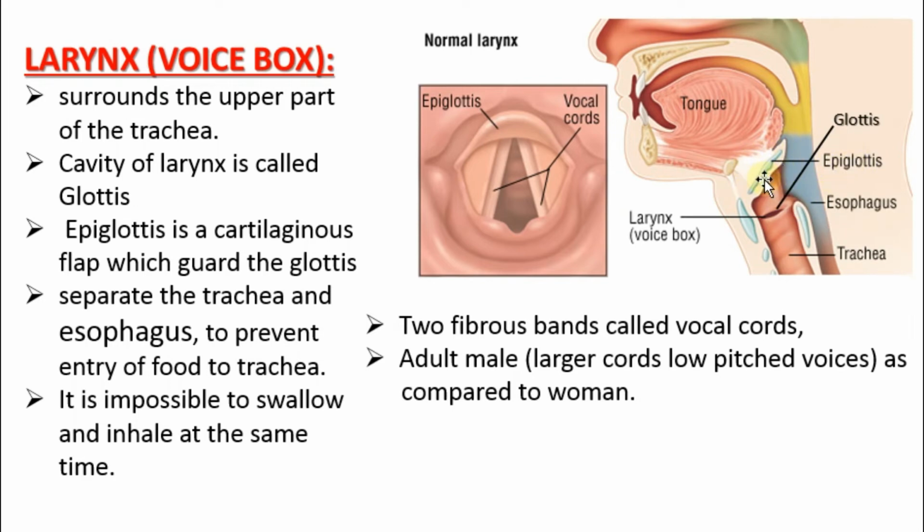This epiglottis prevents the incoming food or bolus from entering the trachea, directing it to the esophagus. It is impossible to swallow and inhale at the same time. This is a very important structure to protect our trachea from food particles.